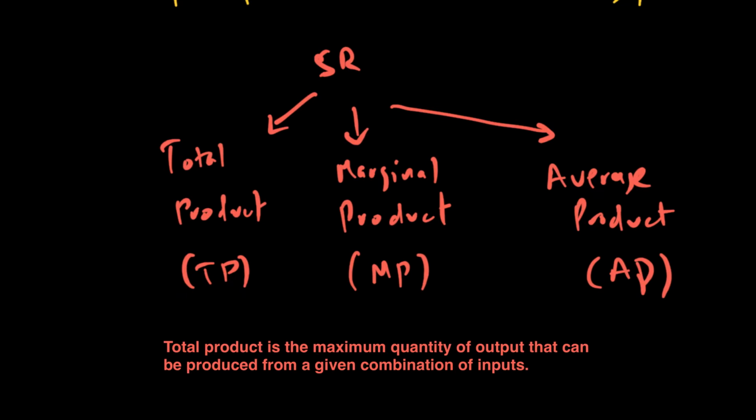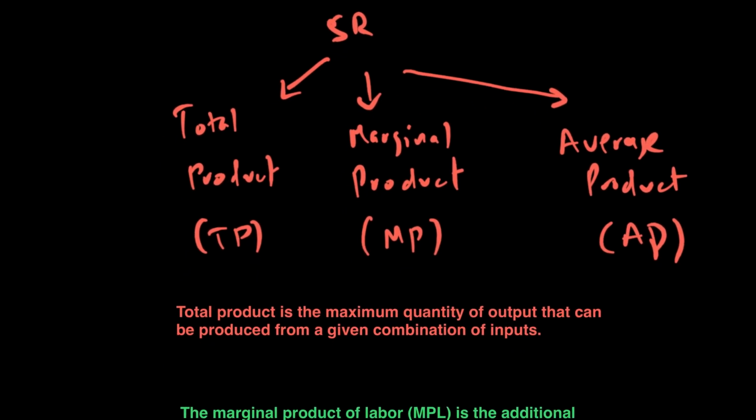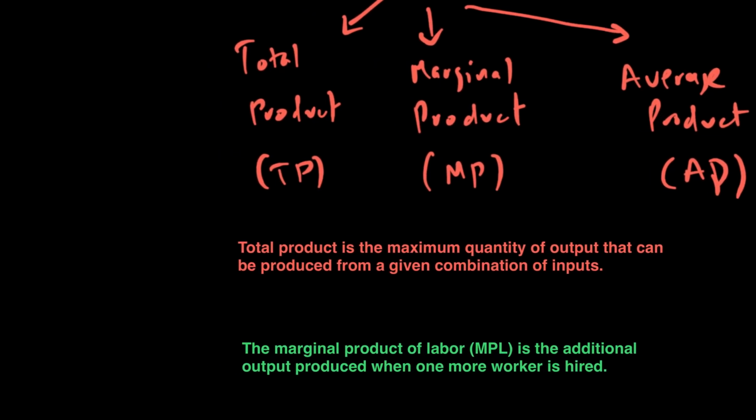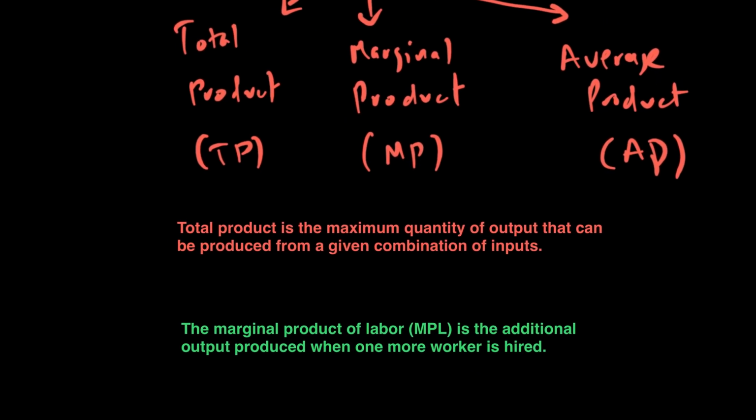While marginal product, let's say the marginal product of labor, will be the additional output that I can get when I hire one more worker. So how much extra output do we get when we hire one extra unit of a variable factor, for example labor.